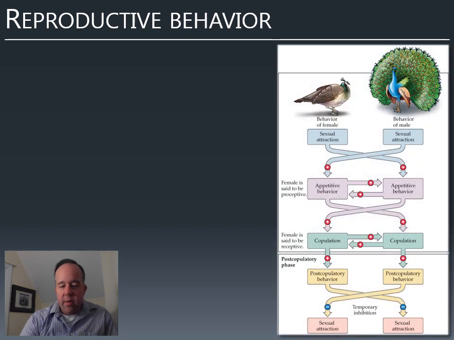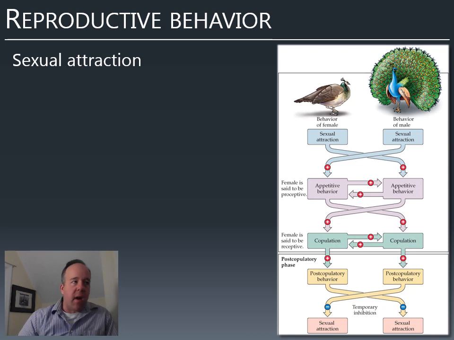And reproductive behavior can be broken down into a number of stages. So there's what's called sexual attraction, where each member of the couple, whatever two members of the species there are, first recognize that the other is a member of the opposite sex, that mating is possible, and then evaluates whether that is a desirable candidate.